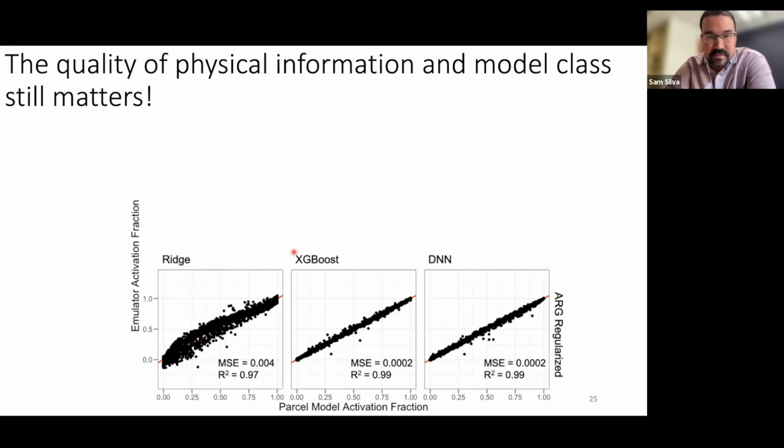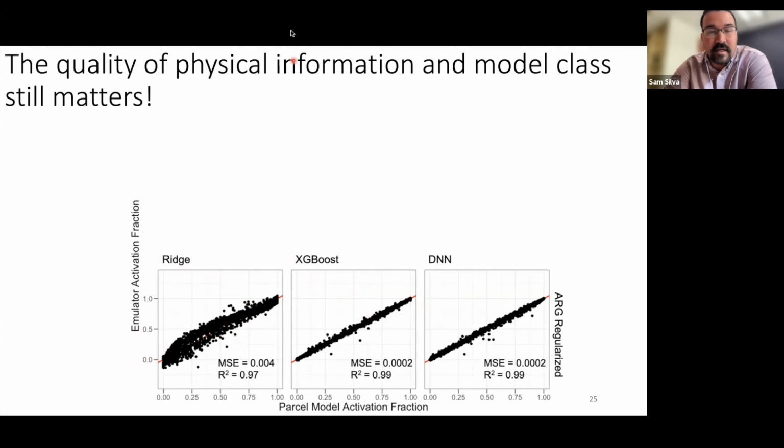Then XGBoost boosted regression trees, and the deep neural network that you saw before. And you can see that the high capacity nonlinear approaches like XGBoost and a neural network tend to perform better than the ridge regression. However, we can still get pretty good prediction with just a linear ridge correction there.